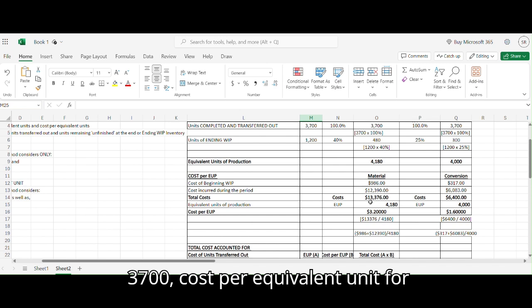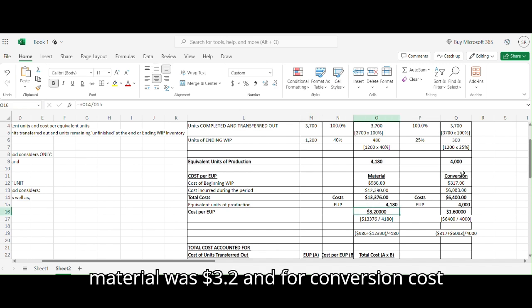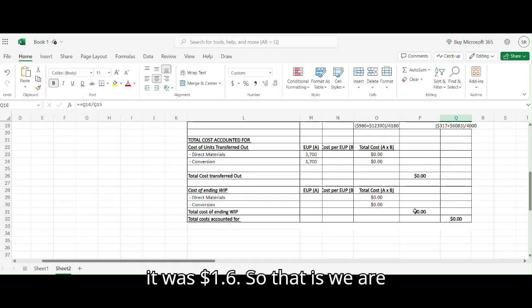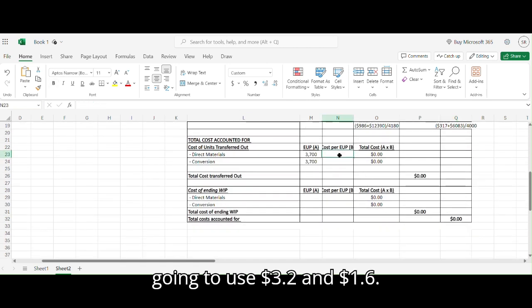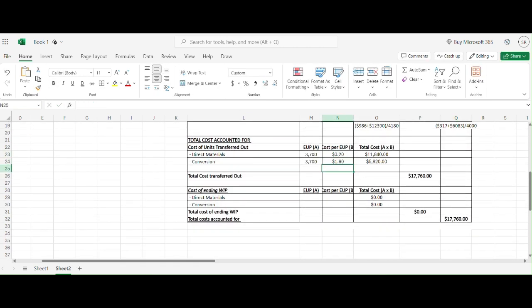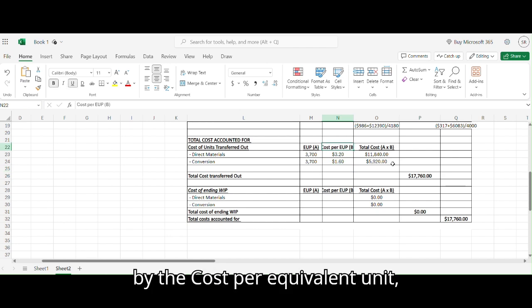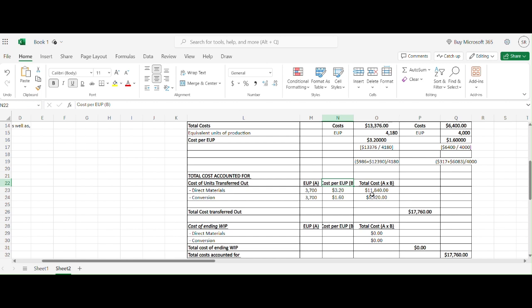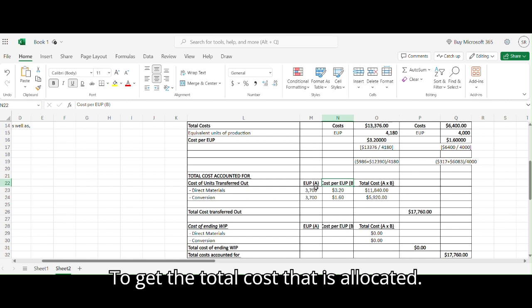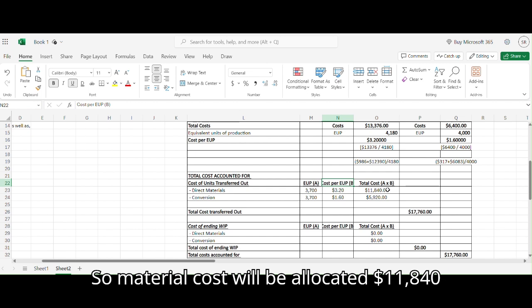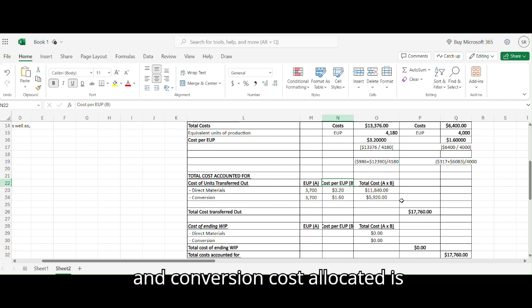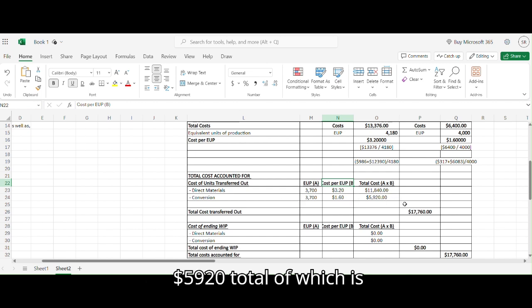Cost per equivalent unit for material was $3.2, and for conversion cost it was 1.6. So we're going to use 3.2 and 1.6. The equivalent units will be multiplied by the cost per equivalent unit to get the total cost that is allocated. So material cost allocated is 11,840 and conversion cost allocated is 5,920, a total of which is 17,760.